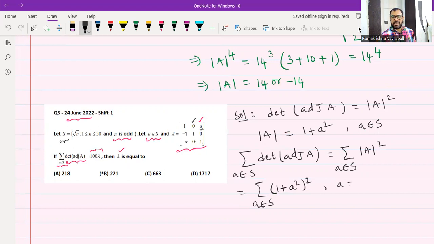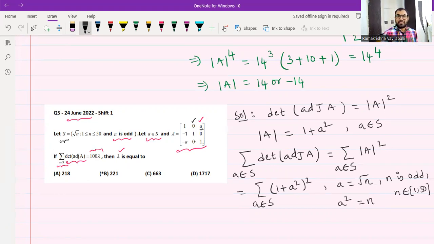Alright. Here A square, A belongs to S, right? So you can take A equal to root n, where n is odd and n lies between 1 to 50. So, which means that here A square is nothing but n. Of course, n is odd.